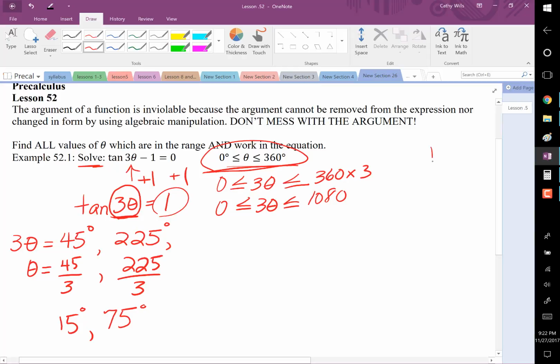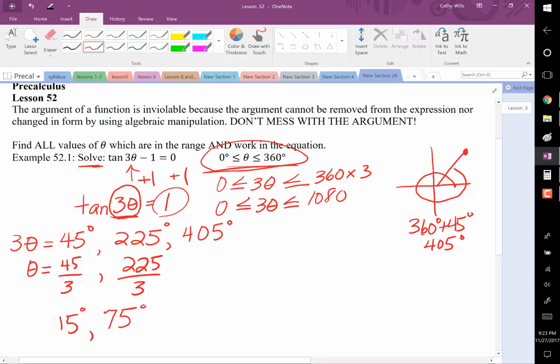All right, so 45 degrees, remember, is right here. So I did the 45. How about if I spin all the way around and come back to 45 again? That's 360 plus 45. So I just spun around the circle, and that is going to give me 405. So 405 is another choice for 3 theta. That also works.